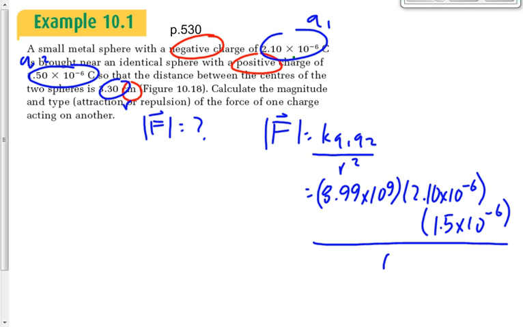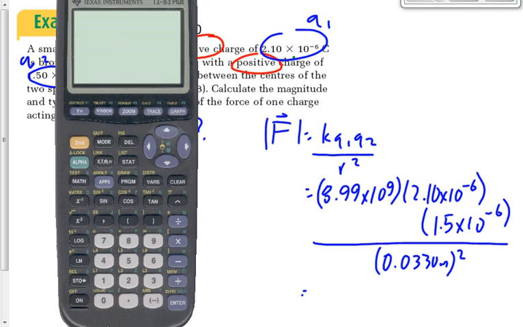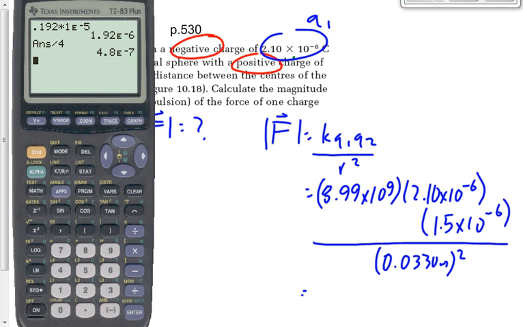Let's divide that by the distance, and let's make sure that we do convert that: 0.330 meters squared. Let's do the math on that. We'll pull up our calculator and do that together this time.